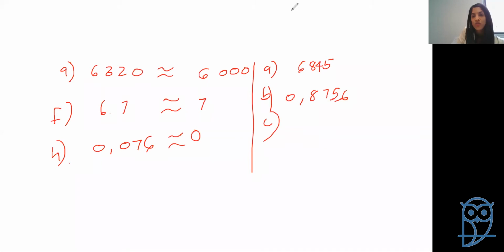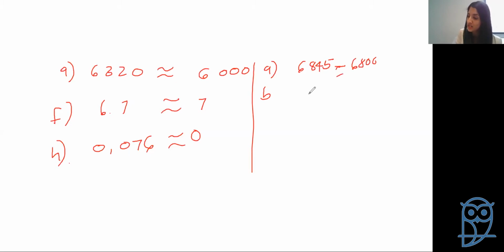What would be the most significant number in the first one? The two significant numbers in the first one, 6,845. So the second significant number in that is going to be 6,800. Okay, this would be 6,800.